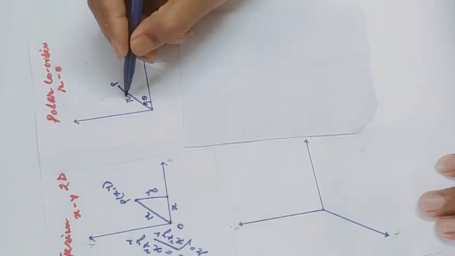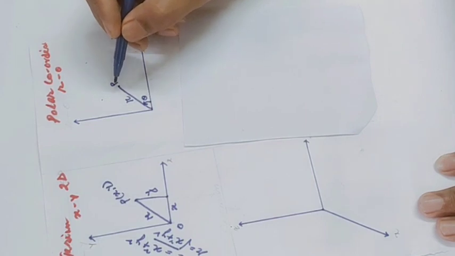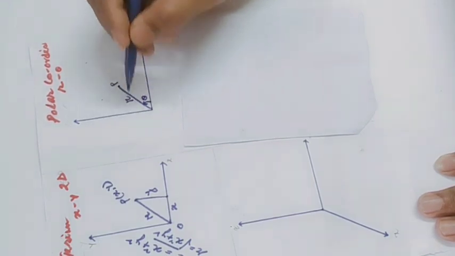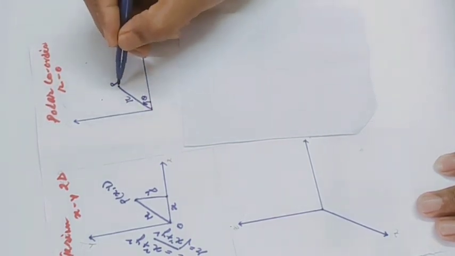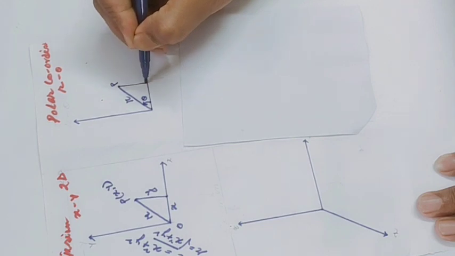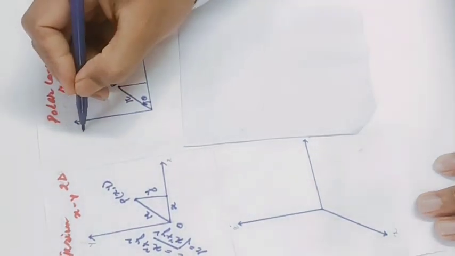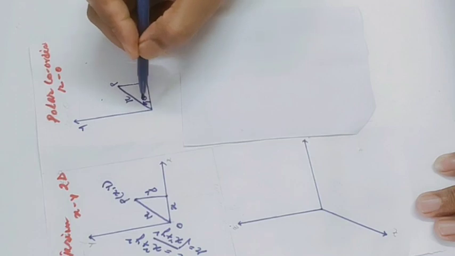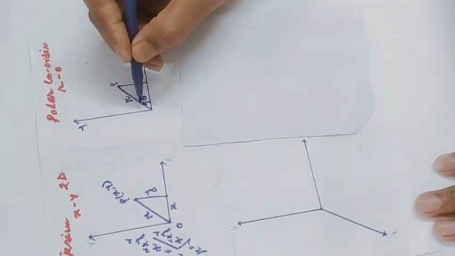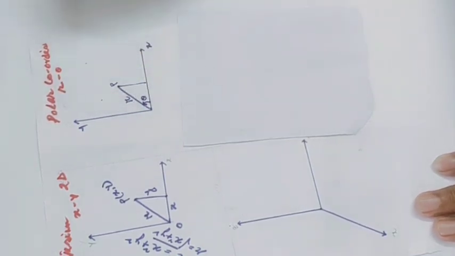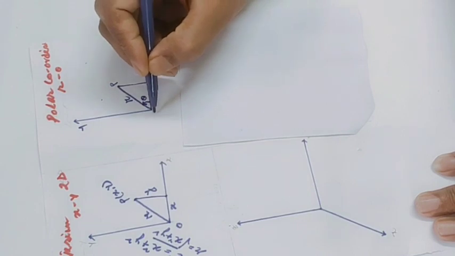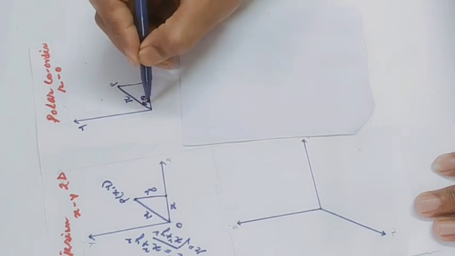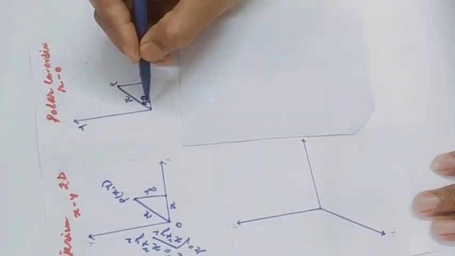So you can use r and theta as the variables to represent any point in this 2D. If I draw another perpendicular, this is your x-axis, this is the y-axis again. This is r, this is theta. Mind you, this is measured in the anti-clockwise direction from the x-axis, because if you consider clockwise, then this will be your angle.